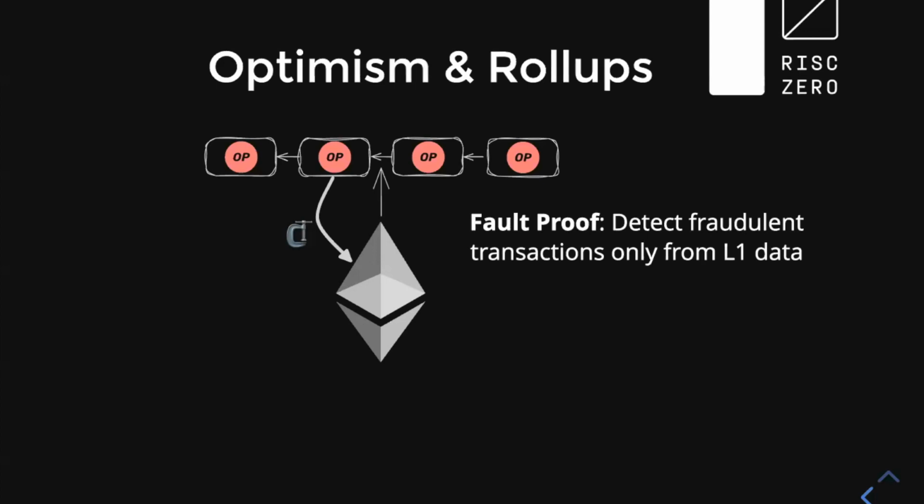And Optimism is one key example for this. The name comes from it being an optimistic rollup. There are two alternatives: you can do it optimistically or in a ZK fashion.